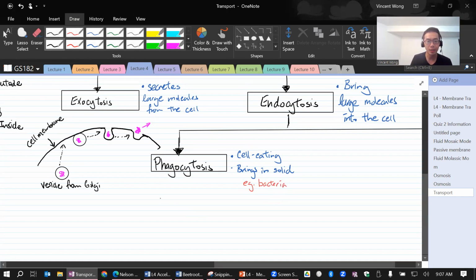Here you have a white blood cell, WBC. It's part of your immune system. And here is a bacterium.